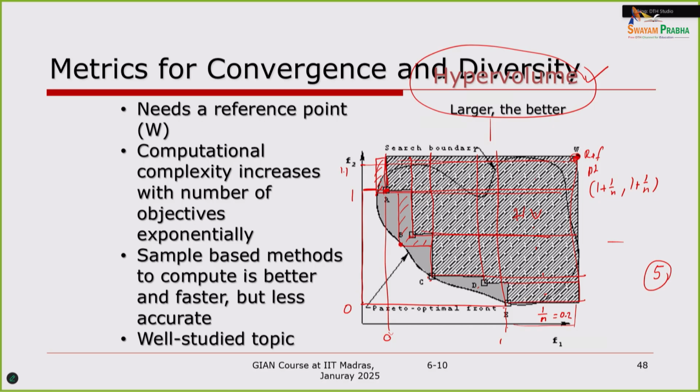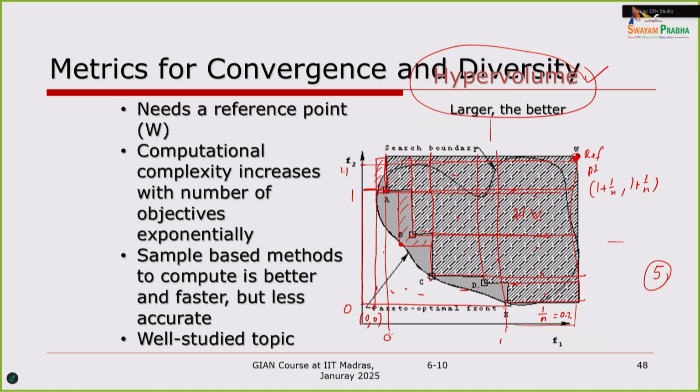What they do is, once you have this W, right, which is 1 plus 1 over n, 1 plus 1 over n, and this end is always 0, 0, 0. So you have a square. In case of 5 objectives, you have a 5-dimensional hypercube of size 1. You create lots of random points here.